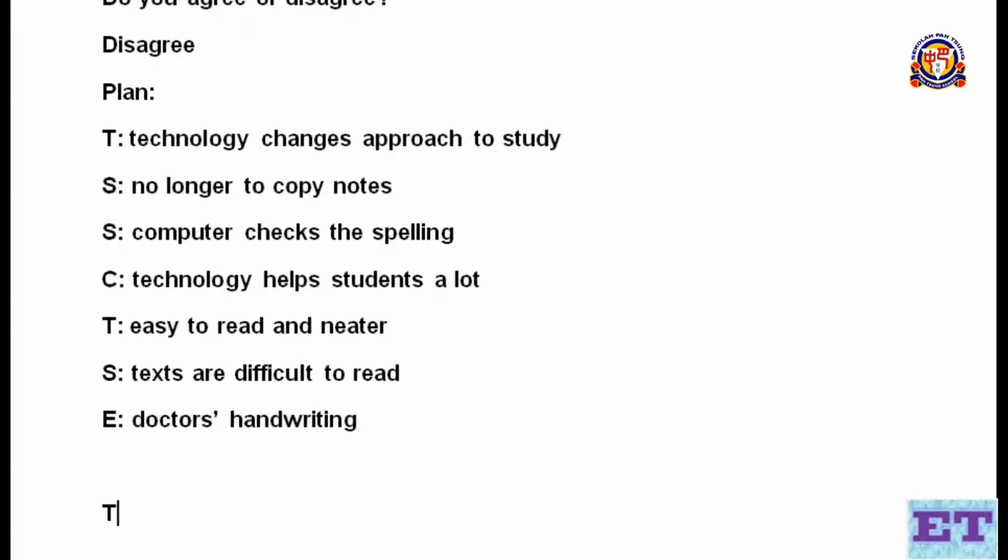So here I'm thinking again about topic sentence. Computer access the internet. So by using computer we can access the internet, right? We can access the internet.